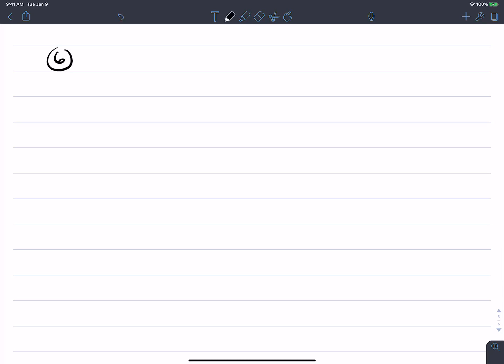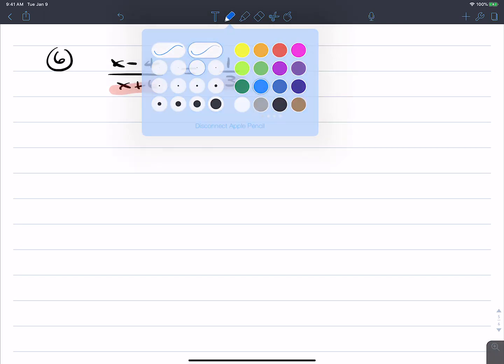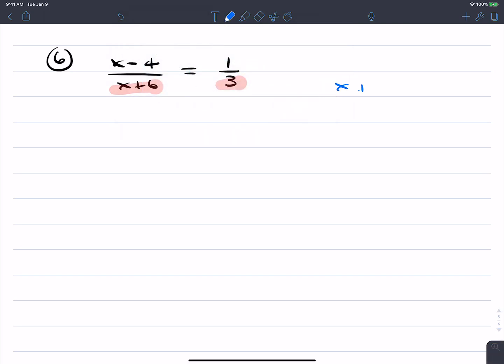Let's try number 6 here. X minus 4 over x plus 6 equals 1/3. Is that right? Now, we're going to need, what do we need again? The LCM of your denominators. Is that true? So I need the LCM of x plus 6 and 3.